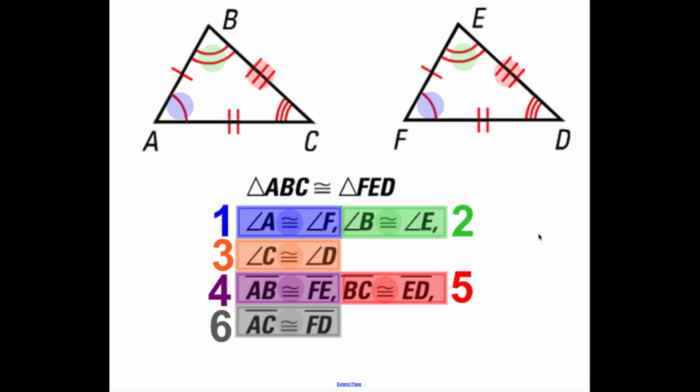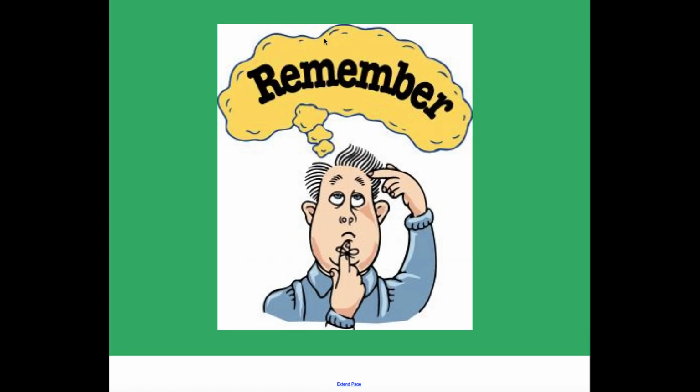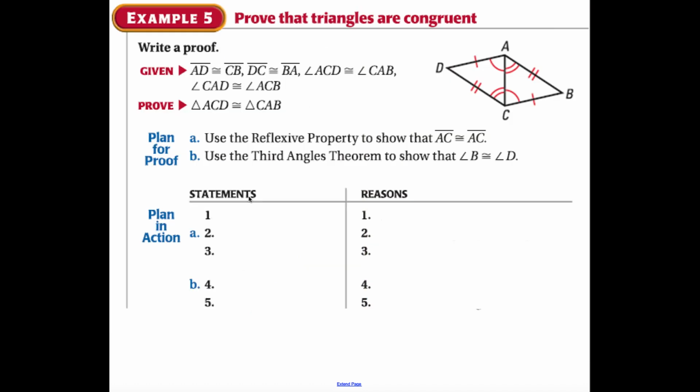Here's the thing. Right? Here's the thing. Triangles have 3 sides and 3 angles. That's 6 total parts. This is a proof that you just walked through recently in a lecture, proving these 2 triangles were congruent once you had those definitions. And so they gave you a whole bunch of things.